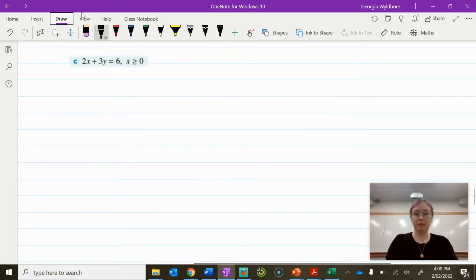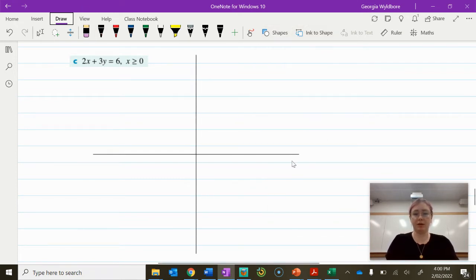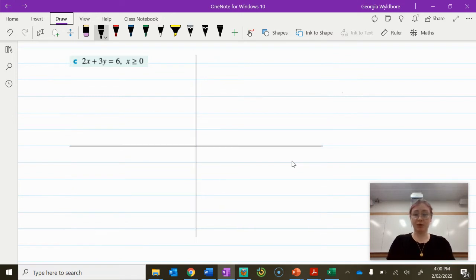This equation here, remember, is written as an equation rather than in that set notation we were looking at before. We've got 2x plus 3y equals 6, where x is greater than 0. That means only the positive numbers of this equation.